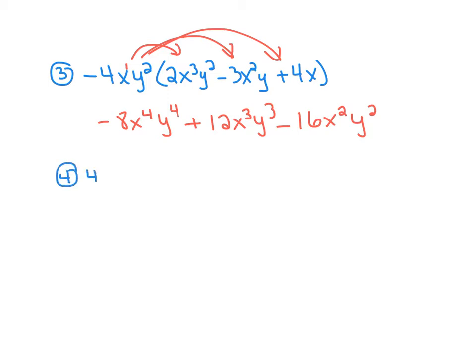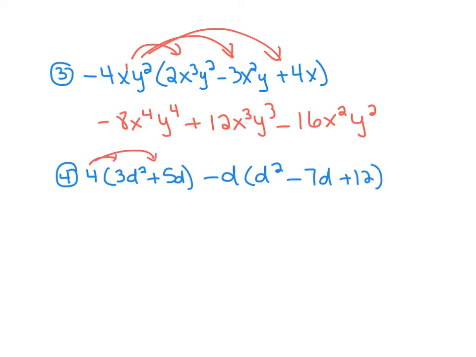All right, what about this one? Now, like before, at any time, if you just want to hit pause for a second and work out the problem, that's great. You should try to do that. For this one, you're distributing and then distributing. Here we go.